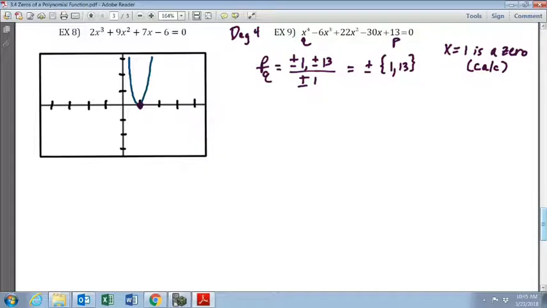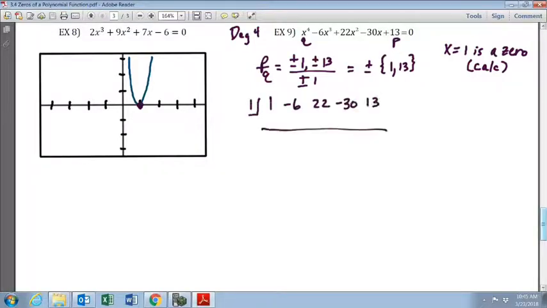Again, we're getting that first 0 off the calculator. In fact, that's all we can see in this window. Now, it is possible that if you used a bigger window that maybe 13 or -13 is a 0. But all we needed is 1, and that's all I'm allowing you to get off the calculator. And then now we need to show that it's a 0 and use it to find the other zeros.